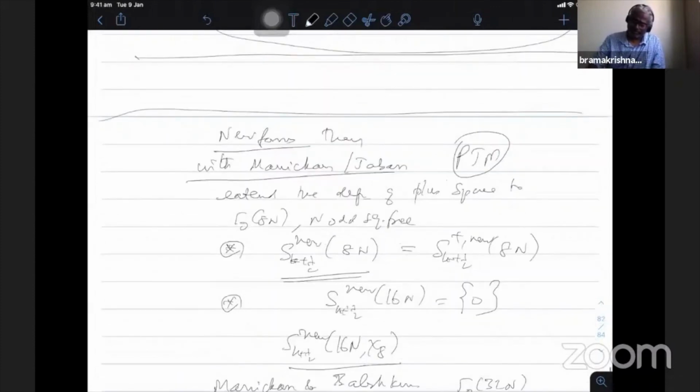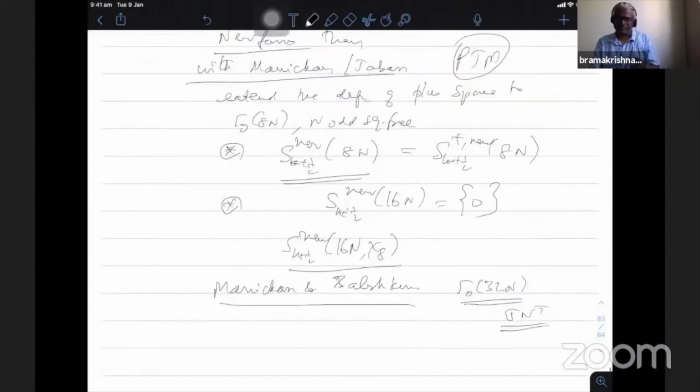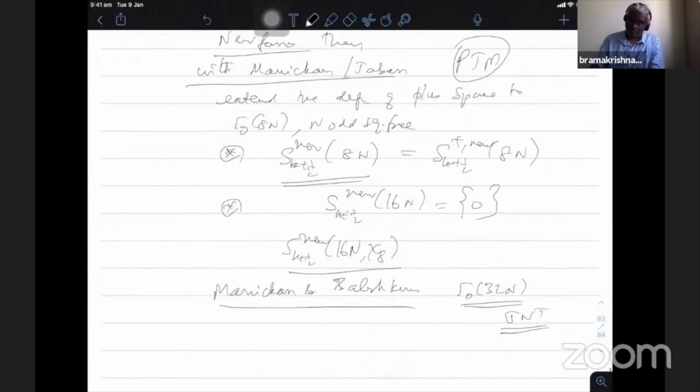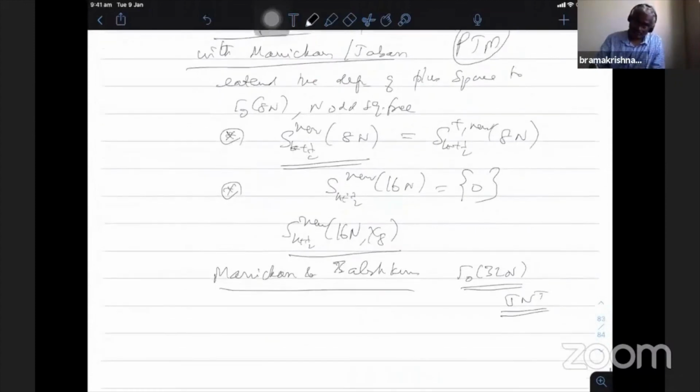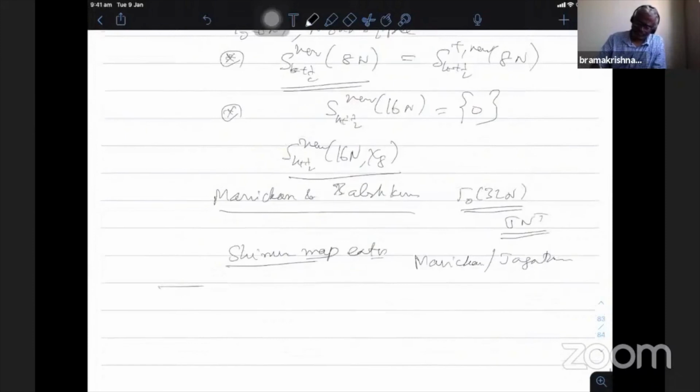I already mentioned the Shimura map extension to non-cusp forms by Manikam and Jagadisan. And there are some papers by Sakata.